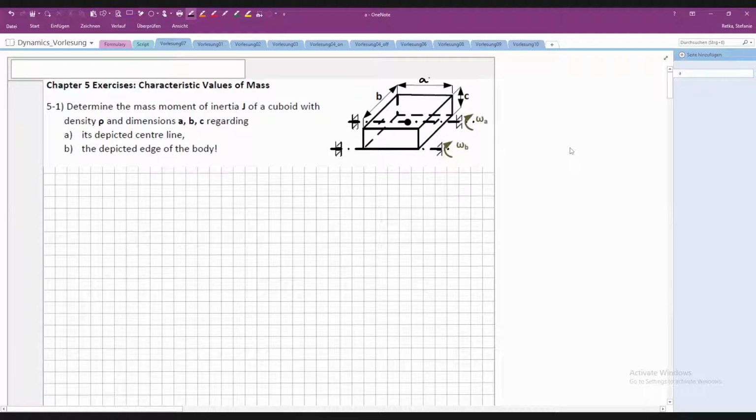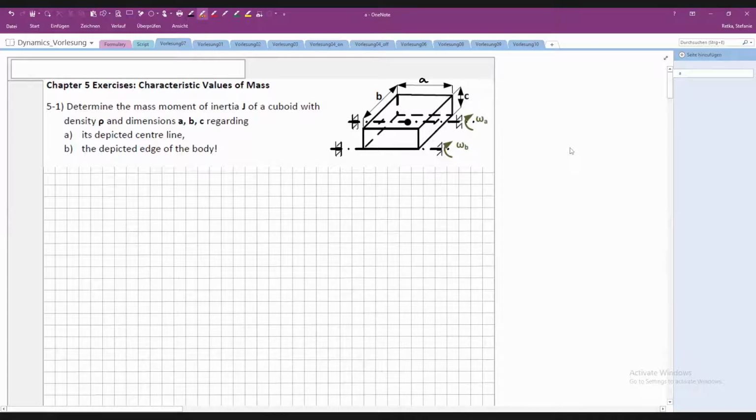And we have to find the mass moment of inertia with respect to the depicted center line for a rotation with omega A in the first part, and in the second part we have to find the mass moment of inertia for the depicted edge of the body, rotation with omega B. So for the first case, oh sorry, it was still open. Okay.